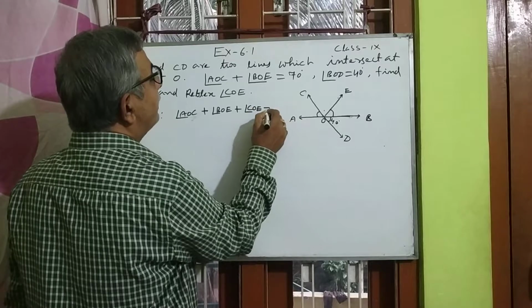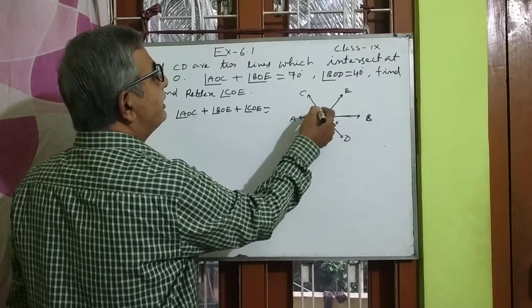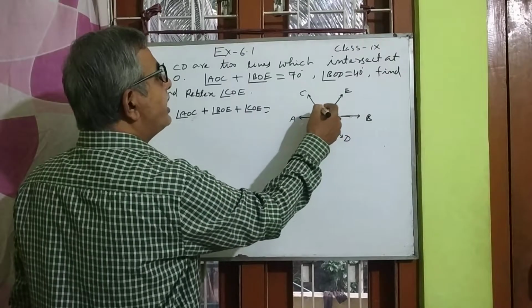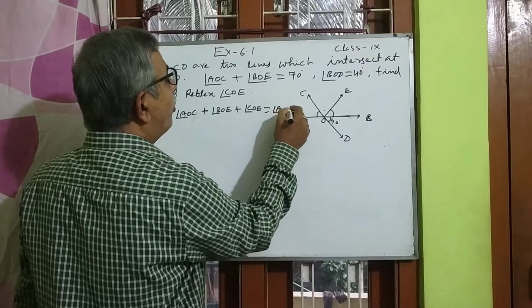If all these angles together, then you are getting one straight angle like that. That angle is called angle AOB.